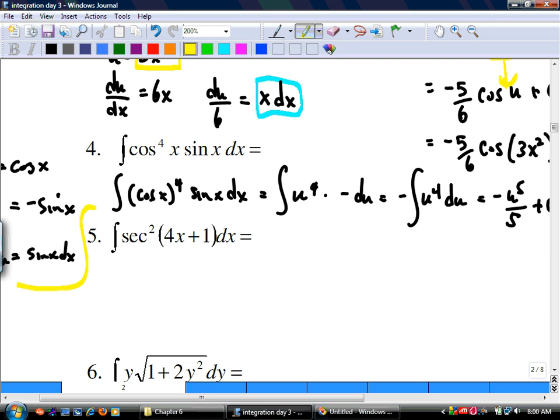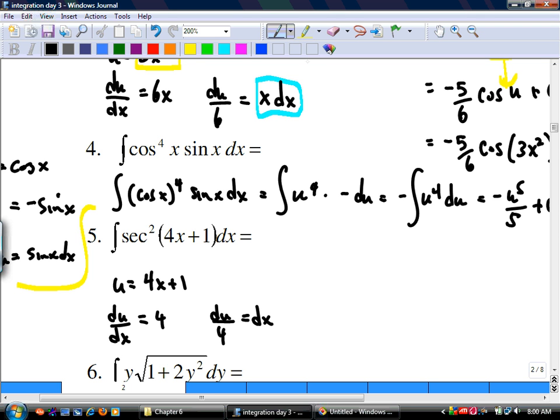Okay, what are you going to let u equal? du over dx is 4. I don't see a 4 out front anywhere, so let's just write it as du over 4 equals dx.